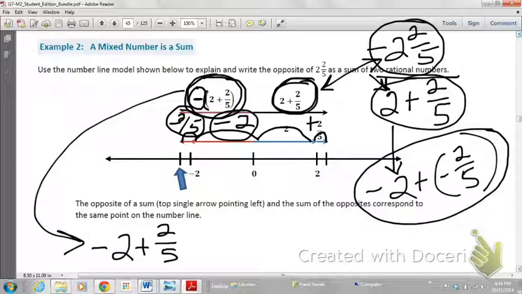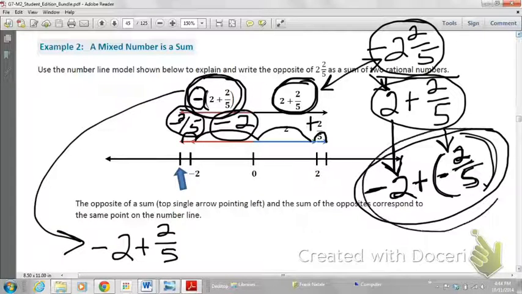And the way to get that is through the sum of the opposites that made up that 2 2/5. And so the opposite of 2 is negative 2, and then we add the sum, and then the opposite of 2/5 is negative 2/5. So this would be the opposite.